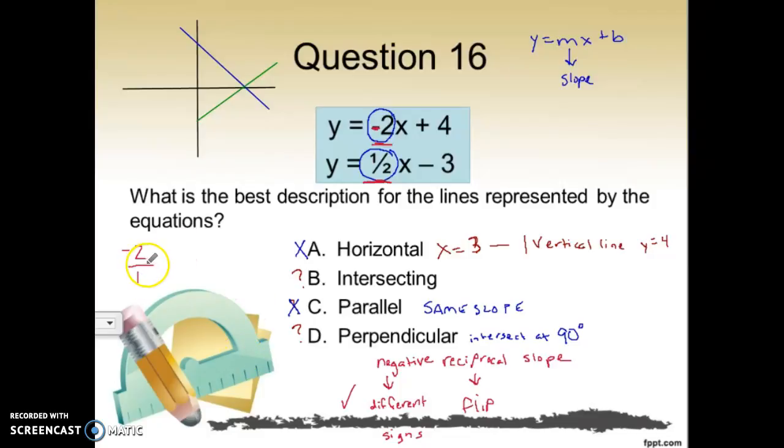So if I found the negative reciprocal, I would change the sign, so it's going to be positive, and I would flip it to 1 over 2. Hey, that's exactly what we have here. We changed -2 to positive 1 over 2 by finding the negative reciprocal. They have negative reciprocal slopes, so these two lines are perpendicular.